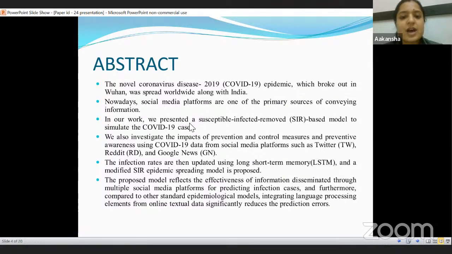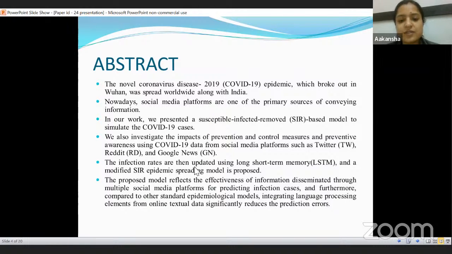In our work, we have considered a SIR-based model to simulate the COVID-19 cases. In this work, we have considered the impact of the prevention and control measures and the preventive awareness using the COVID-19 data from various social media platforms such as Twitter, Reddit, and Google News.